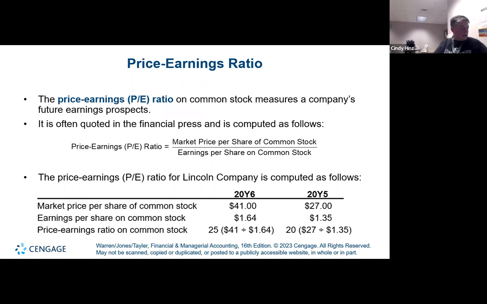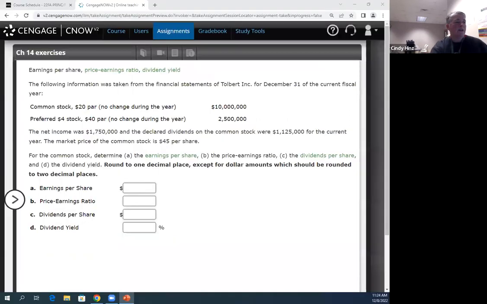The second calculation, well, let's do the earnings per share calculation first. Might as well. So we look at the company's income statement and we see that their net income was $1,750,000. And it tells us the declared dividends on the common stock.